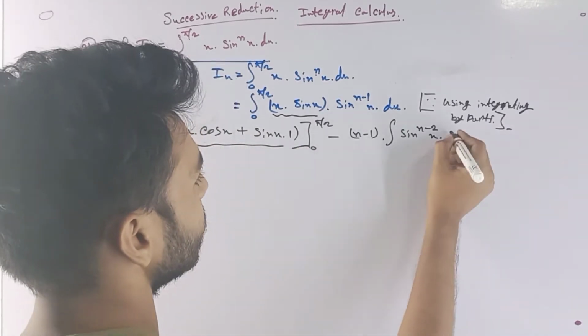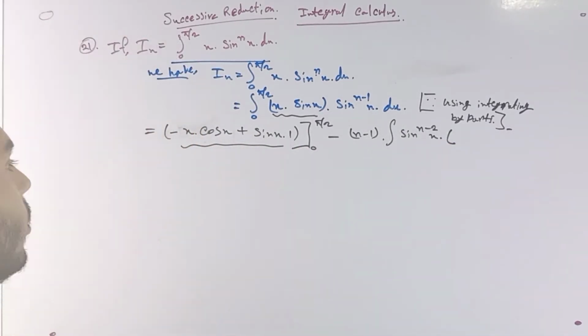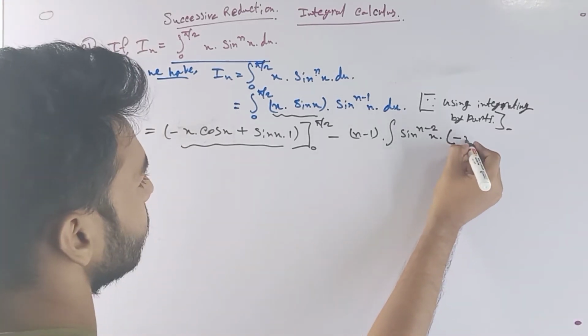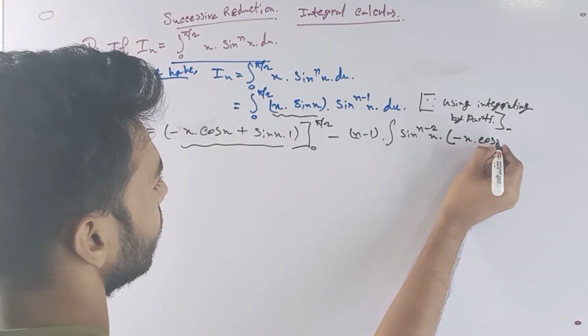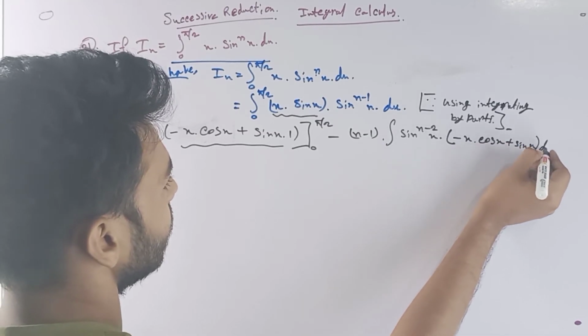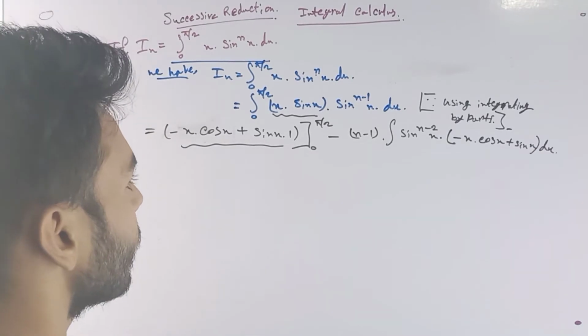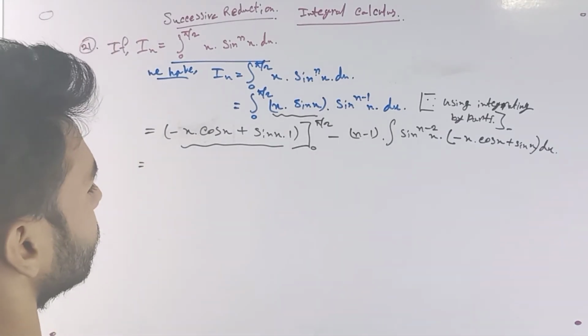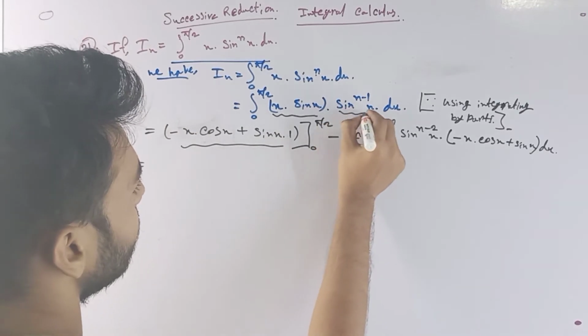That's the first function, and now times this coming here: minus x times cos x plus sin x times 1, that's sin x dx, whole dx. That's it, and now that equals, we write that as well.